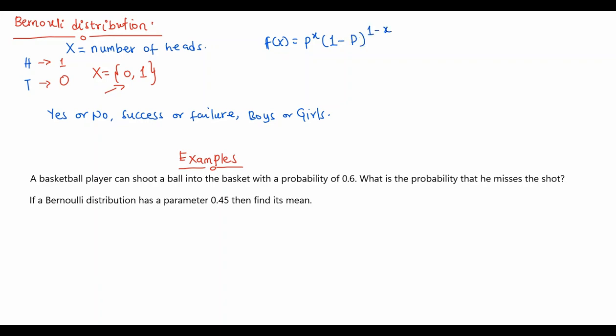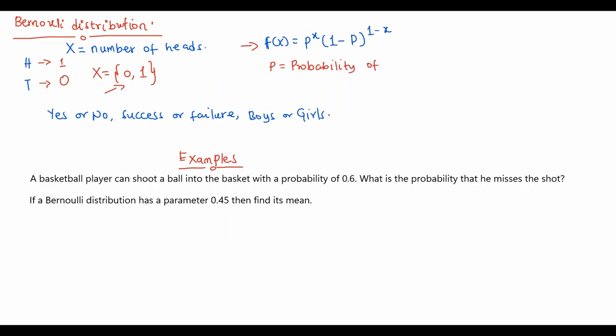So if you have this kind of experiment, you can find the probability distribution for the variable using this function, where p represents the probability of success.